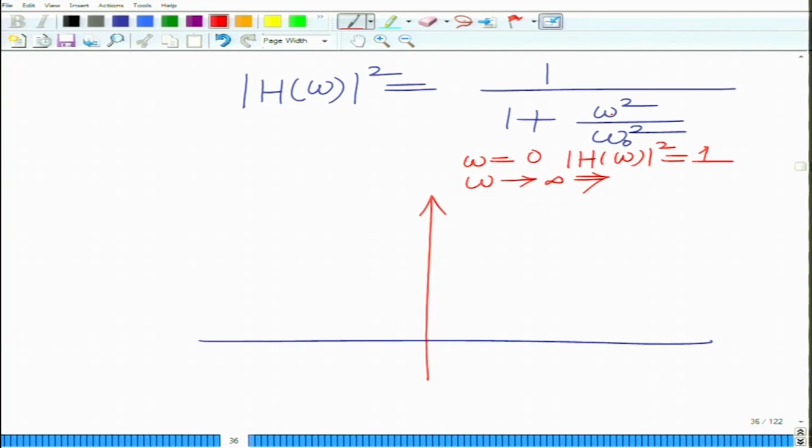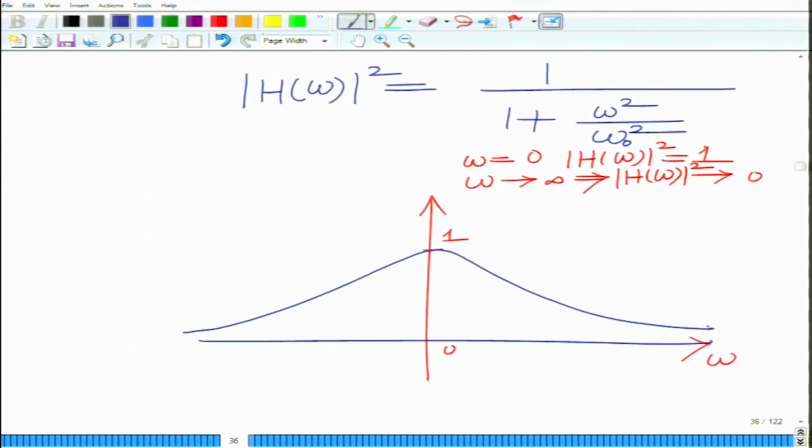So, 1 plus omega squared over omega naught squared tends to infinity. So, 1 over (1 plus omega squared over omega naught squared) tends to 0. So, magnitude H(omega) squared tends to 0, and therefore, this is 1 at omega equal to 0, and as omega tends to infinity, it tends monotonically to 0. Similarly, as omega tends to minus infinity, it tends to 0.